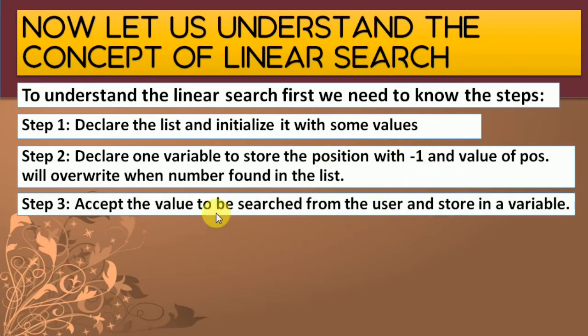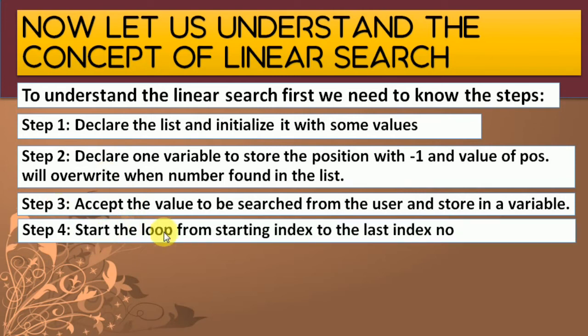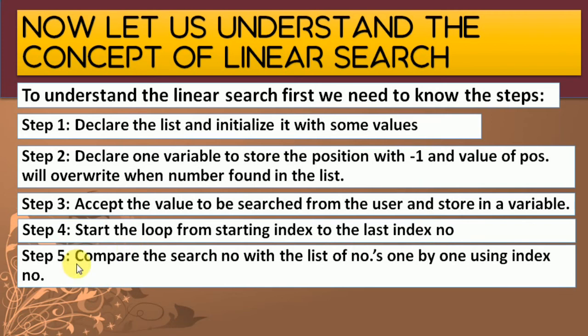Third, accept the value to be searched from the user and store it in a variable, that we declare as val input. Next is start the loop from the starting index, that is 0, to the last index number. Next, use the if condition to compare the search number with the list numbers one by one using the index number.